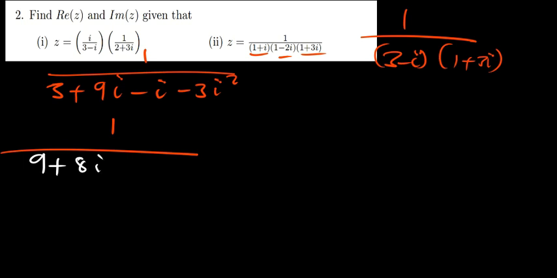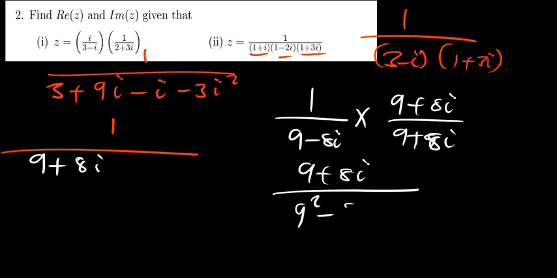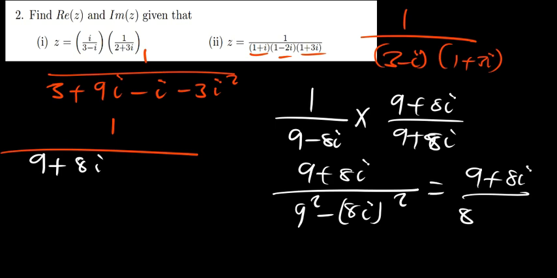So I now have 1 over 9 plus 8i. I conjugate this, I'll end up having 9 plus 8i, 9 plus 8i. The top part we have 1, so it will just be the same. Then the down part, multiply the one having negative. In this case, I'll end up having 9 plus 8i divided by 9 squared, 81, minus 8 squared, 64.